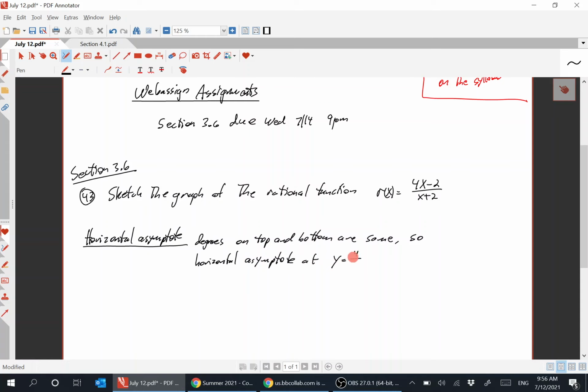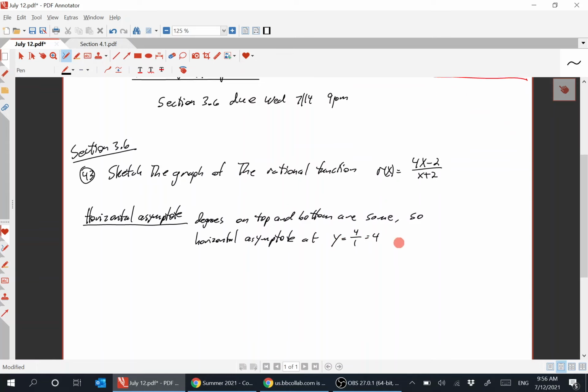So y equal to 4 over 1, just y equal to 4. If the degree on the top is less than the degree on the bottom, then you have a horizontal asymptote at y equal to 0, just being the x-axis.